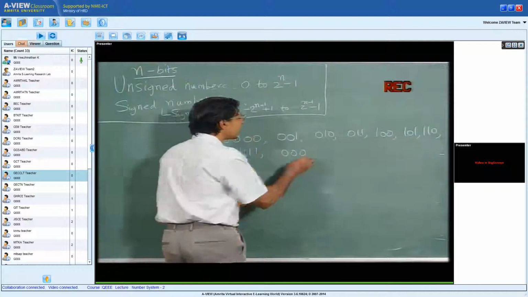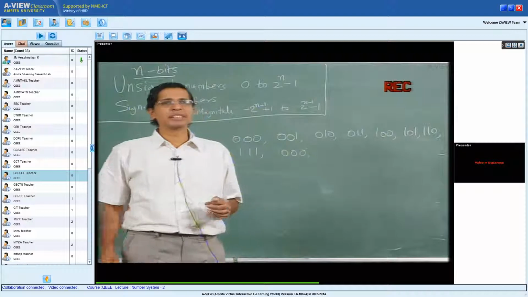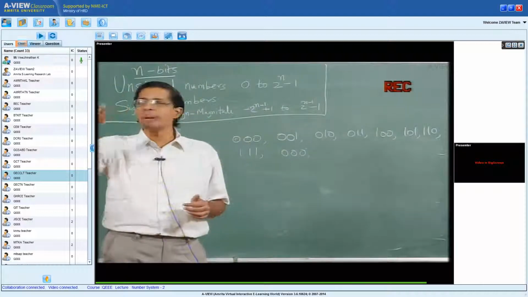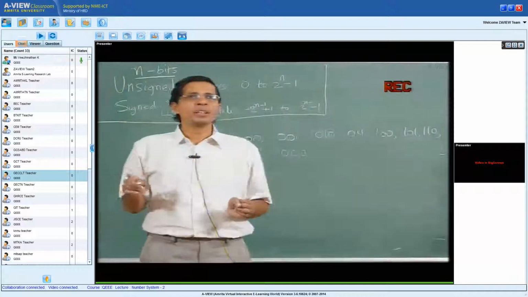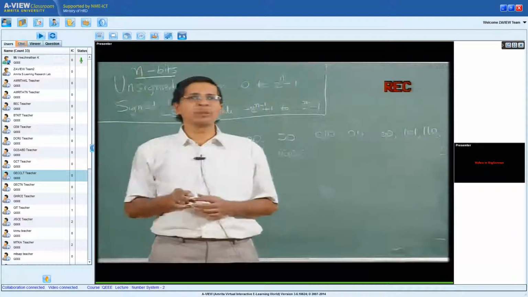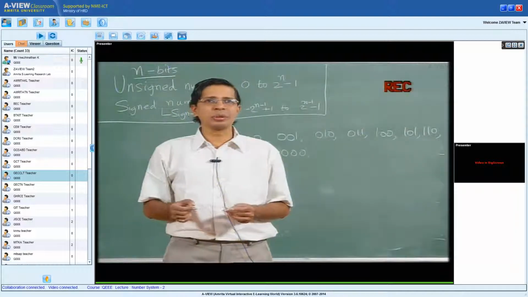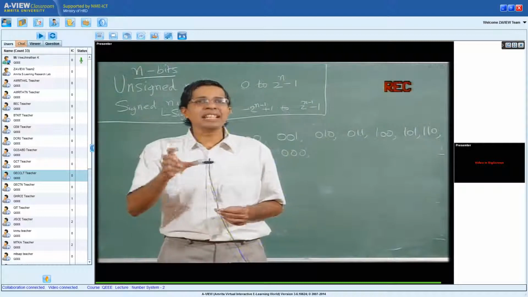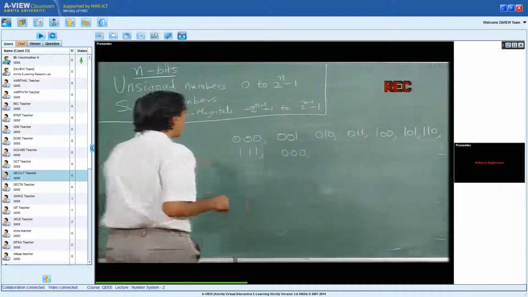Again you start counting 0 0 0. So in some sense, if I start counting 1 by 1 from 0 0 0, you will end up with 1 1 1, and again you will start with 0 0 0. So this addition that we are trying to do is cyclic in nature, because you go on in cycles.